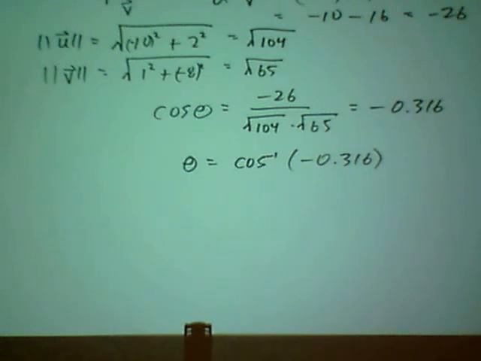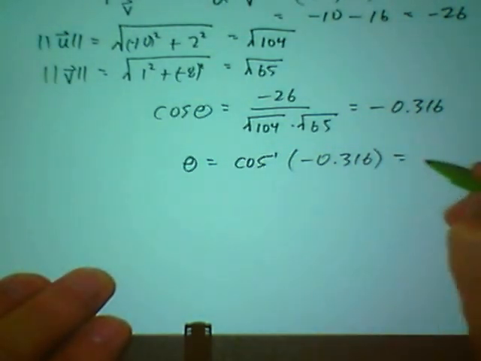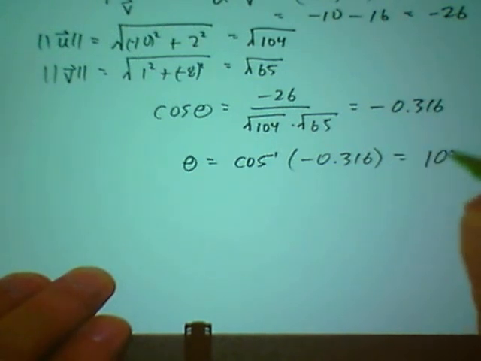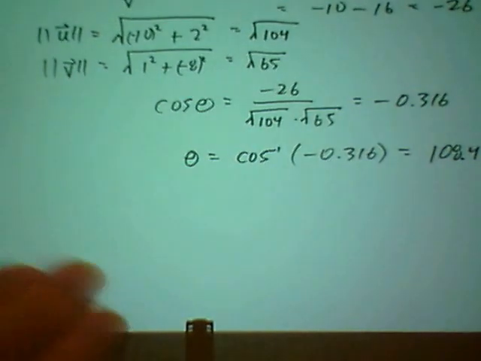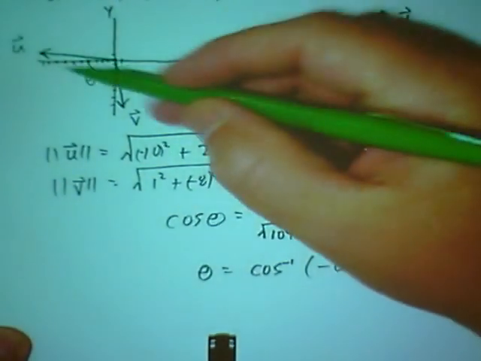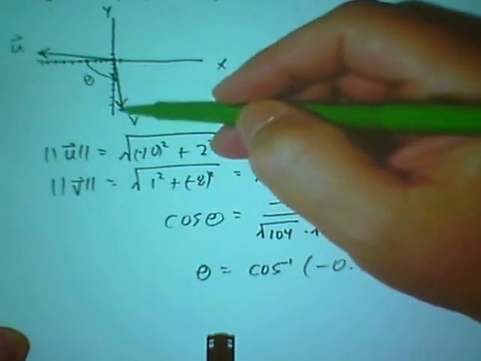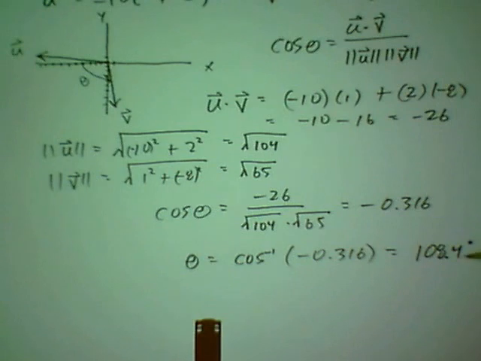So I grab my calculator, and it says 108.4 degrees. And if you look at my picture, you know the two axes make 90 degrees, and it's a little bit on either side, so 108 degrees looks pretty reasonable actually.